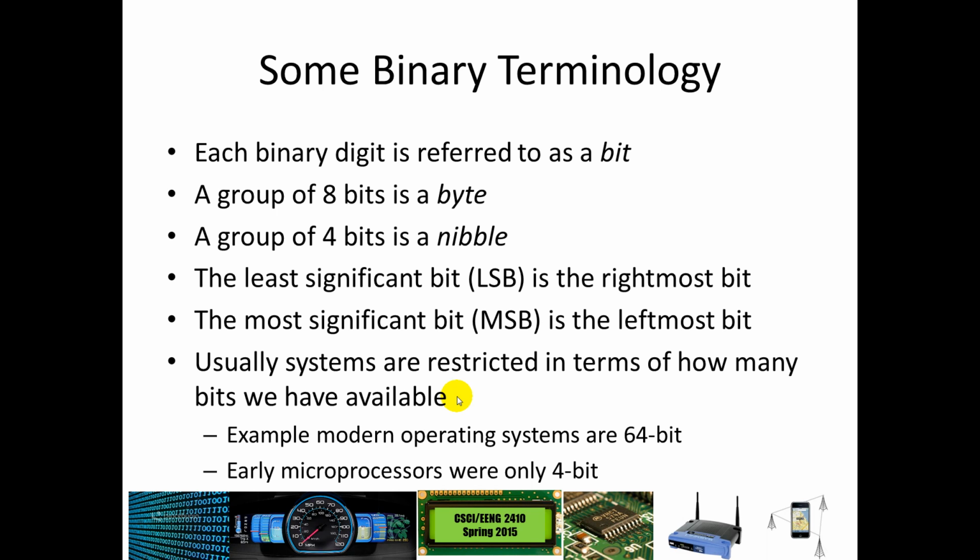One side note on that: the reason that we shifted over to a 64-bit operating system as the standard is that when we were operating on 32-bit operating systems, which really was the standard until just a few years ago, you could only address 2 to the 32 registers. Now if you do the math on that, that works out to be about 4 billion, which seems like quite a large value, but really that's only 4 gigabytes.